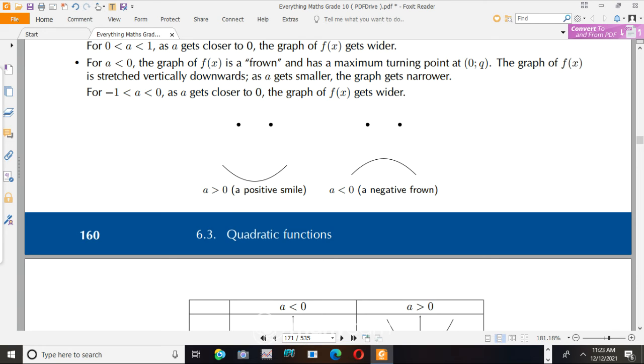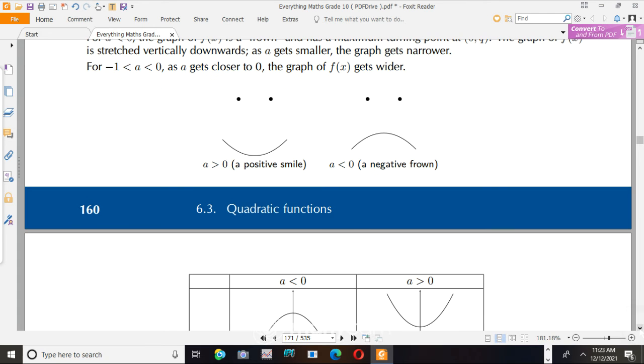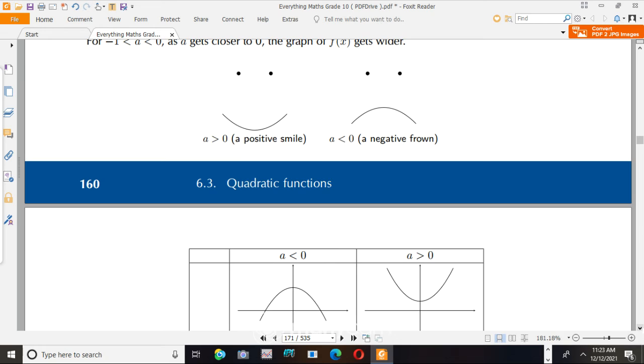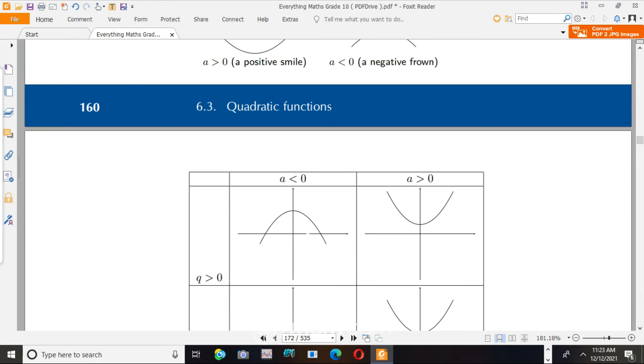Here is a smile. To remember: when a person smiles, his lips open, but when he frowns, like this one. For A less than 0, it's downward. For A greater than 0, it's upward.